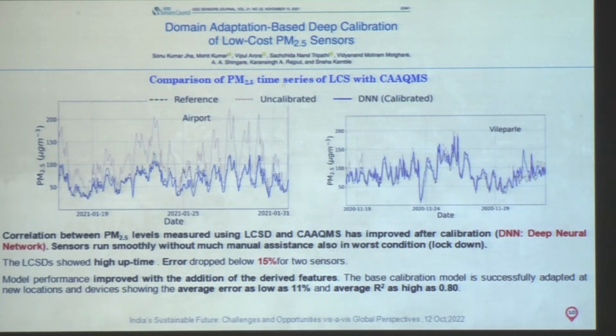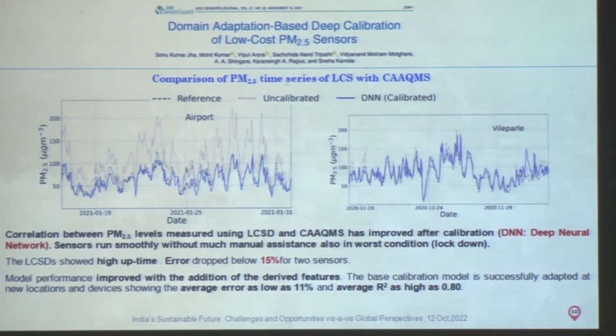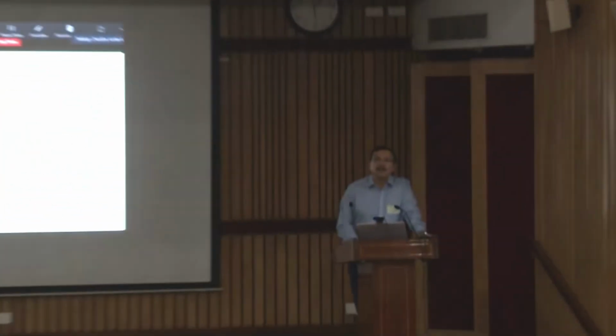And what you see is that the corrected measurements very accurately follow those measured by the government monitor. That was the result we obtained across the entire Mumbai city for about 7 months. So what we learned from our laboratory co-location worked very well at the scale of Mumbai city.